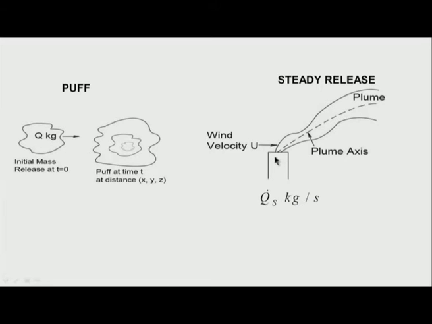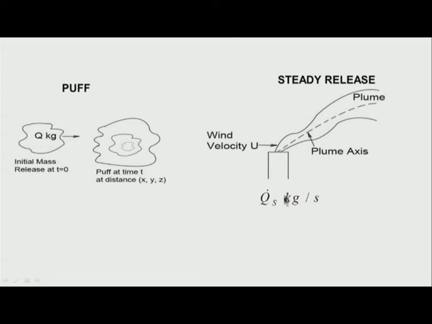What the wind does is, when something is leaking, it tends to carry the leak along in the form of a plume. By plume I mean the shape of the substance which is getting leaked out. That means the concentration of the particular substance which leaks out expands out in the form of a plume over here.